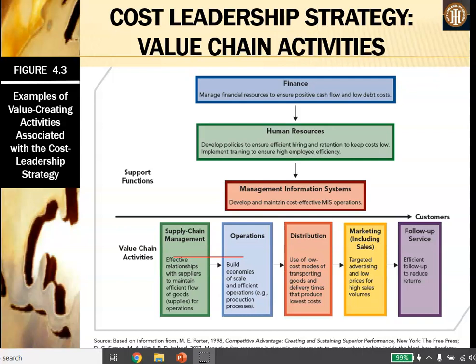So as it relates to the value chain activities in the cost leadership strategy, along the value chain, the primary activities, we start with the supply chain management. These are effective relationships with suppliers to maintain efficient flow of goods or supplies for operations. Then we go over to operations, where in the cost leadership strategy, they build economies of scale and efficient operations, for example, production processes.